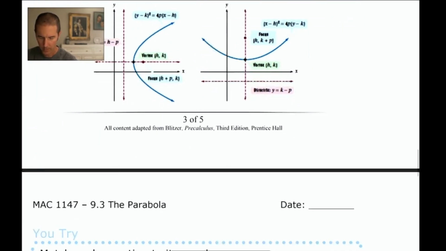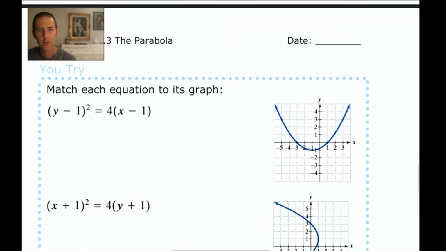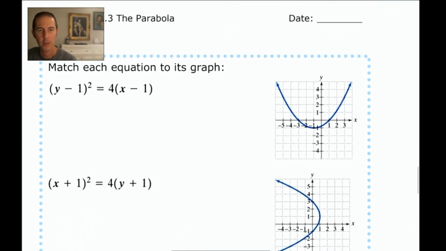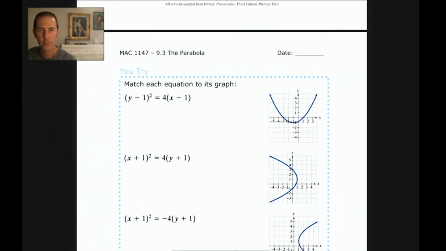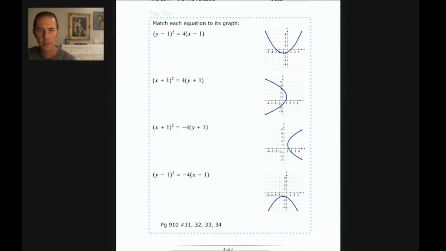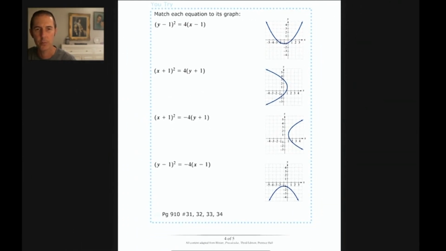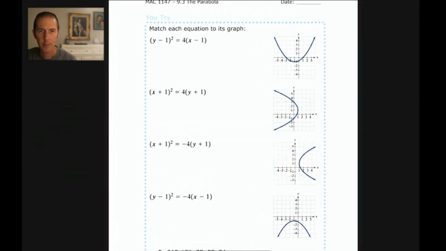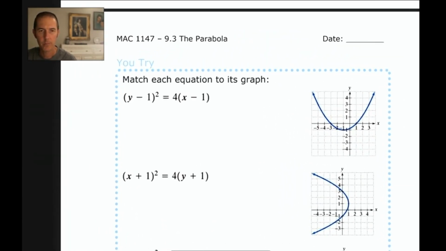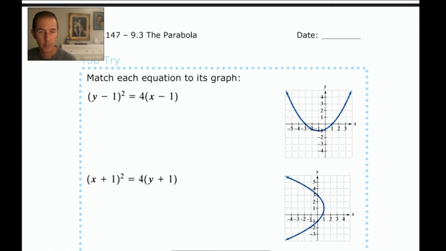Let's go down and see, oh, a matching game. I like these matching ones. Can I zoom out far enough that you could see all of them at the same time? Hopefully you're using these printable notes. So the equation at the top has the y squared. Now we're used to seeing y equals x squared, so this must be a concave horizontal.